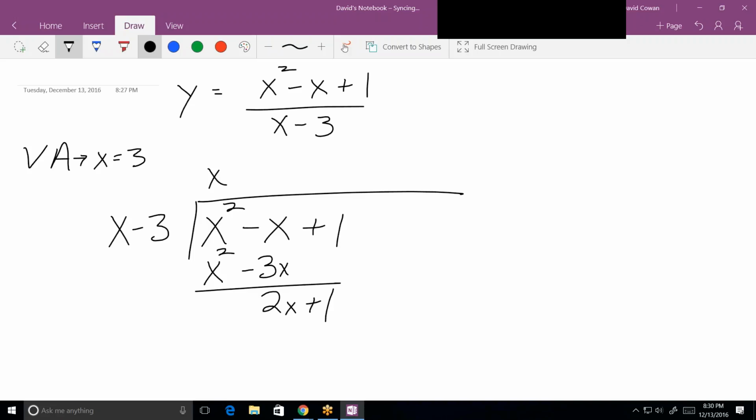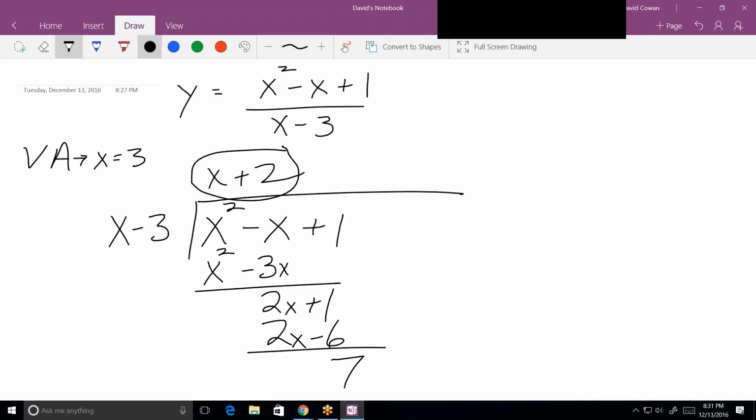Repeat the process. And if you repeat the process, it would be plus 2. That's all you need. You don't need to go any further. That's the equation of the oblique asymptote. In other words, if I do go further, all I'm going to end up with is a remainder of 7.